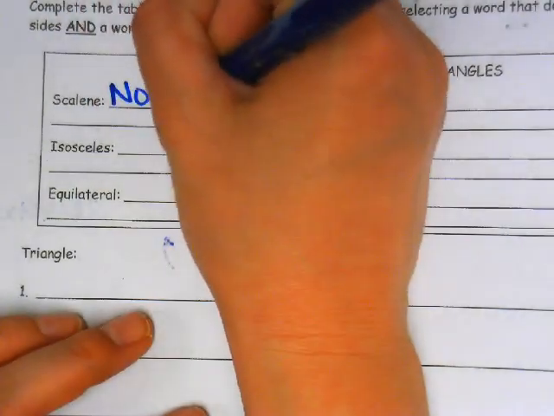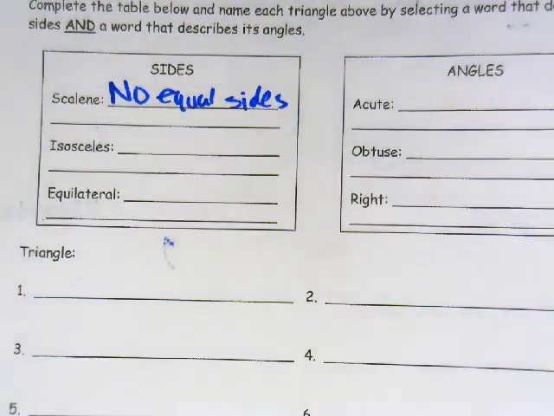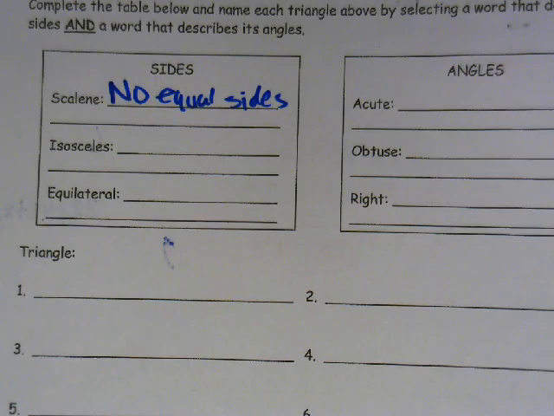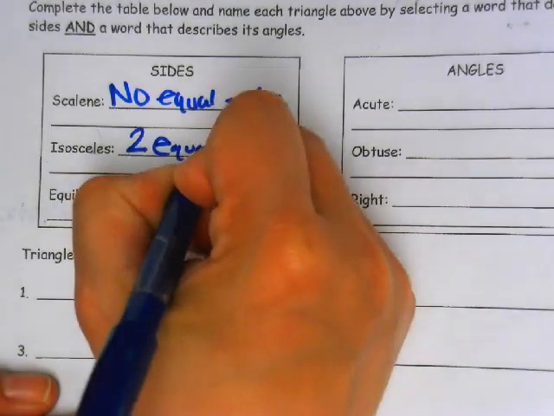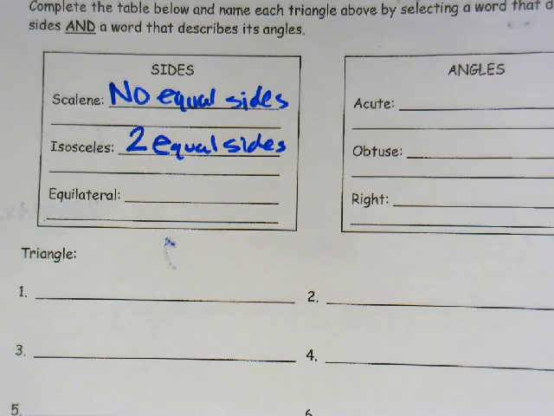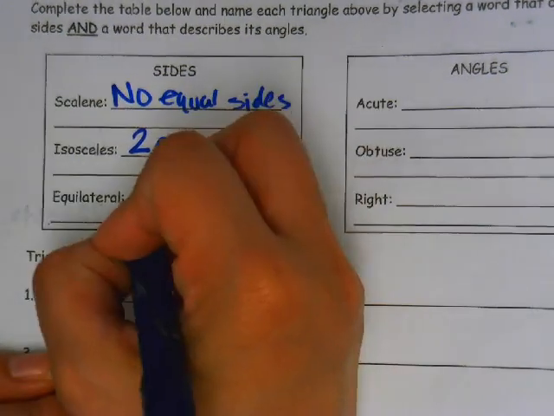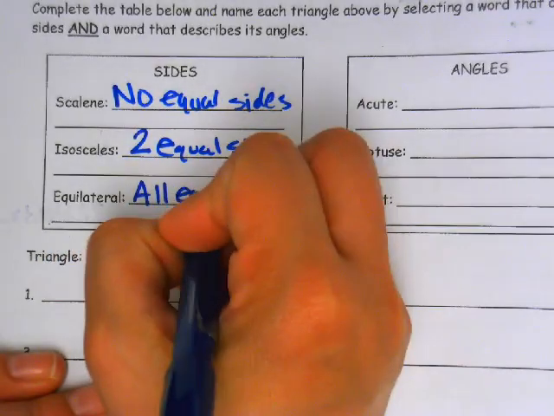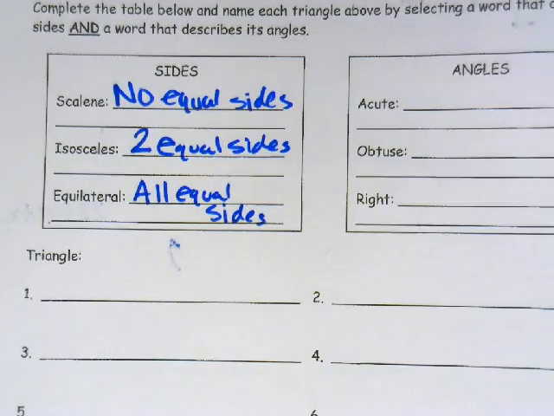No equal sides. Isosceles. How many equal sides for an isosceles? 2 equal sides. Equilateral. All equal sides.